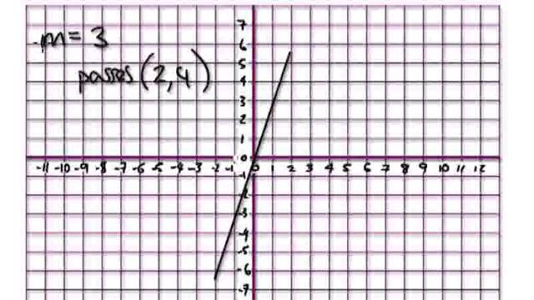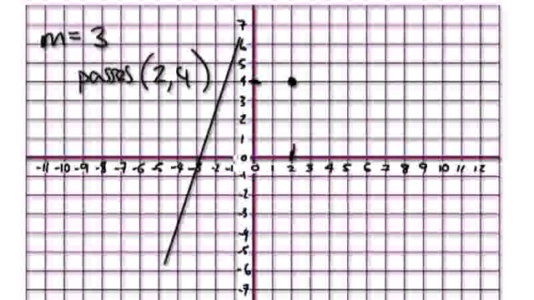To answer this question, you've got a line that has a gradient of 3, and if it passes through 2 comma 4, 2 comma 4 would be here. 2 here, comma 4.